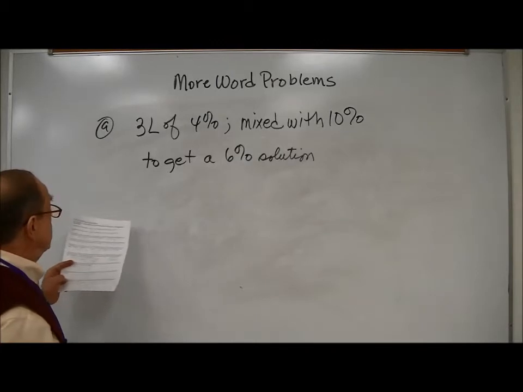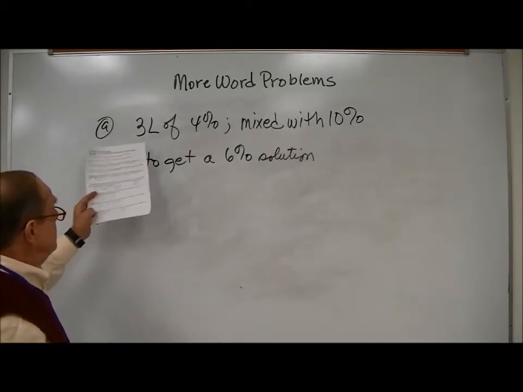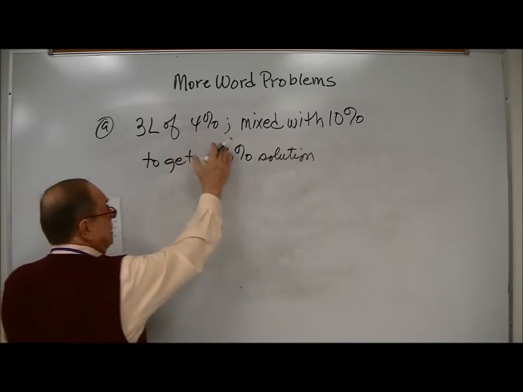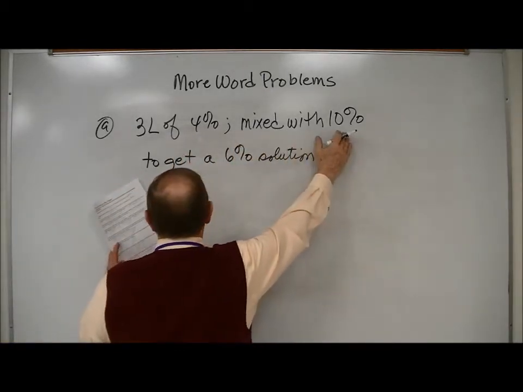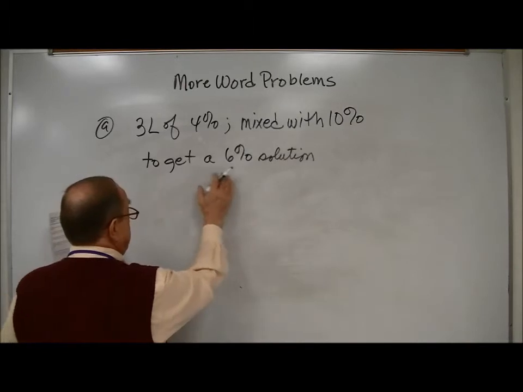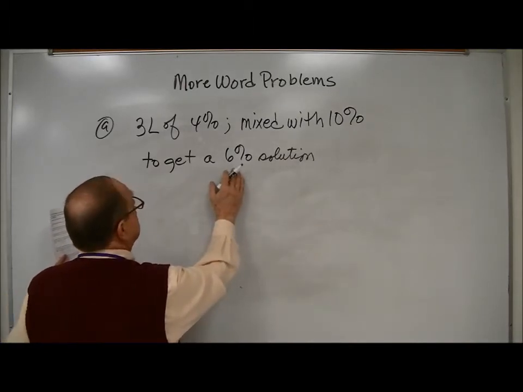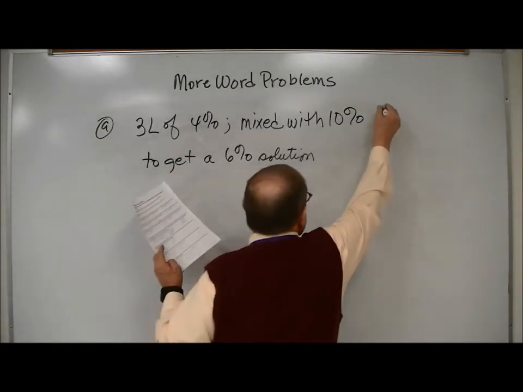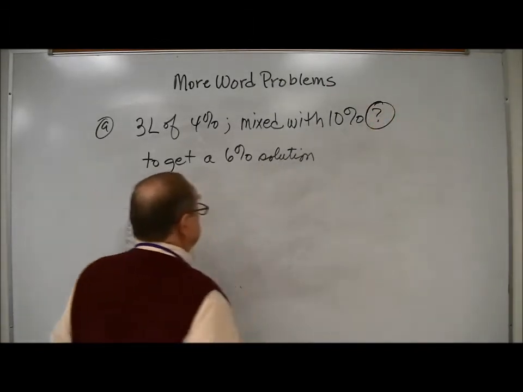Okay, in this case, we are mixing 3 liters of 4% with 10% to get a 6% solution. So we don't know this amount.